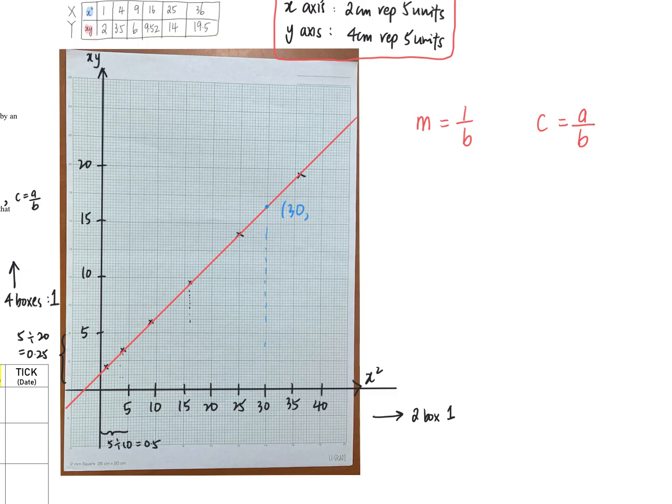And then my y is here. So every 4 boxes, plus 2, so 16.5. Okay, so this is 1 point. I need at least 2 points that are easy to read. So I got 1 more point here, which is at 12.